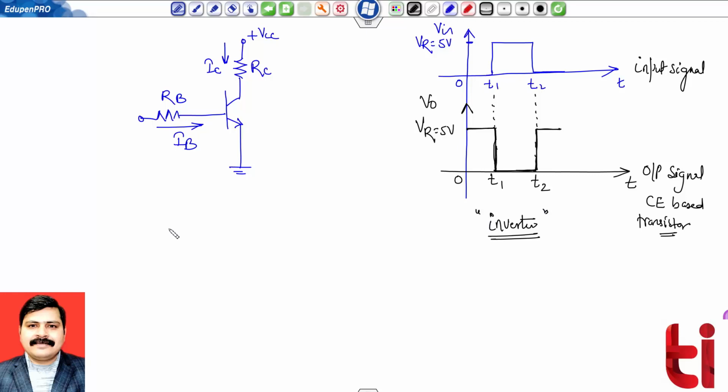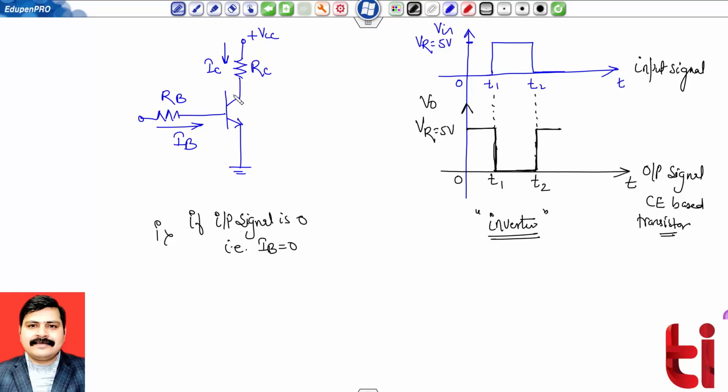So the first step: if there is no input, if the input signal is 0, that is the value of base current IB equals 0. If there is no input current, which current can flow through the transistor?